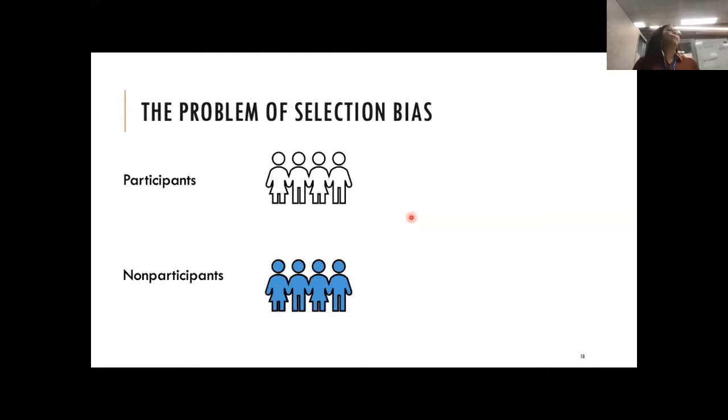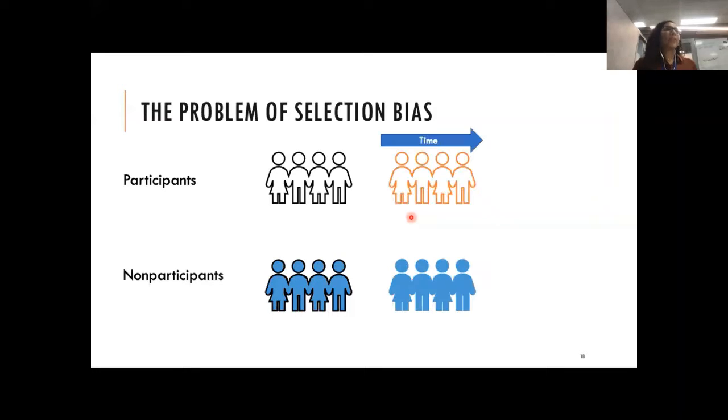So for example, they come from families that value schooling more than the families of our participants, and therefore they were more prone to attend school at a higher rate, regardless of whether they receive the intervention or not. So it means over time, our participants will have gotten to an outcome. This will be the counterfactual, and our non-participants will have gotten to another outcome, which is what we can observe.